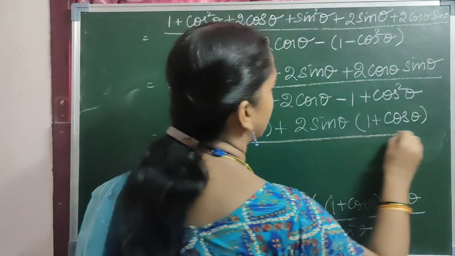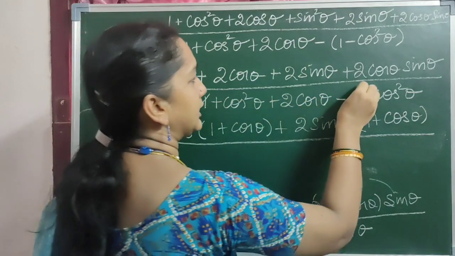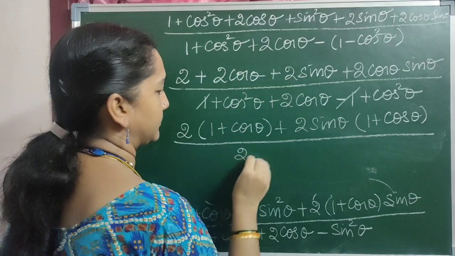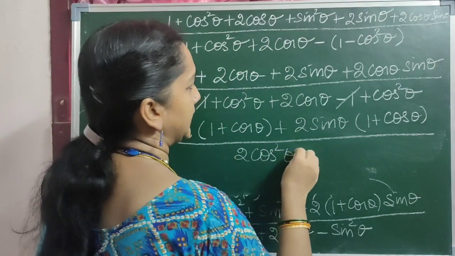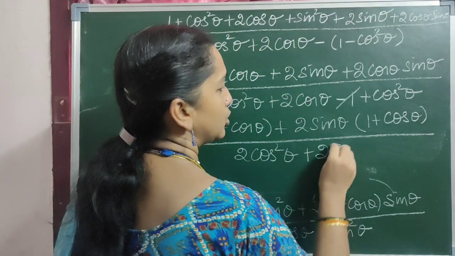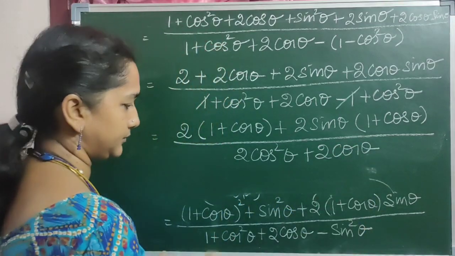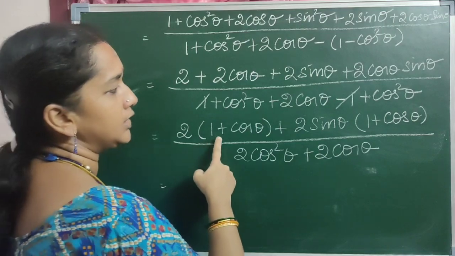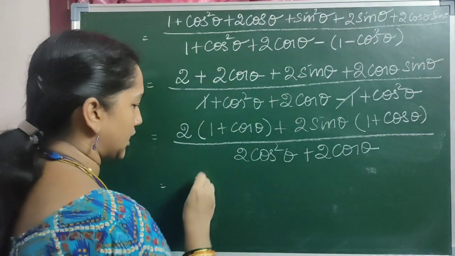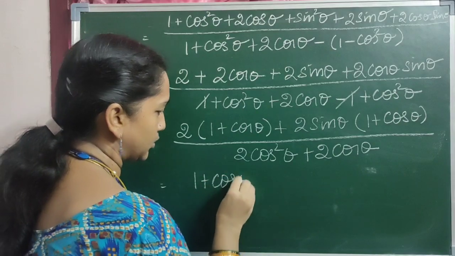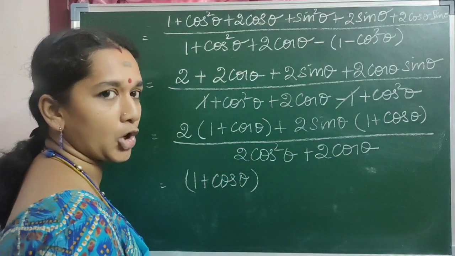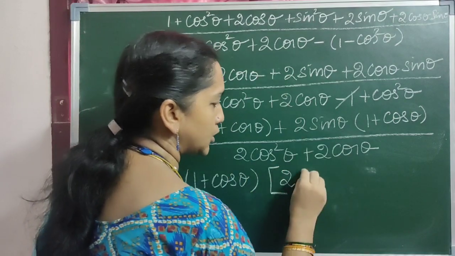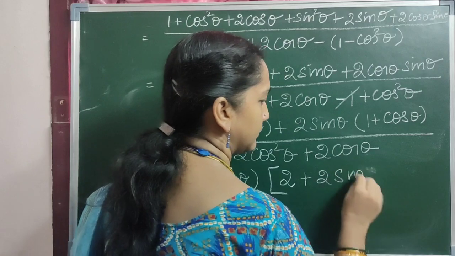Denominator: here plus 1 minus 1 get cancelled. Here cos square theta and cos square theta is 2 cos square theta. 2 cos square theta and balance is 2 cos theta. So this is equal to, here I will take this 1 plus cos theta common in both the terms. So balance what I have, this 2 is there for this term and this 2 sin theta is there for that term.